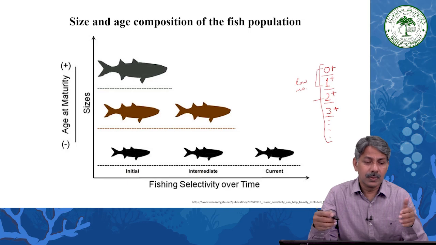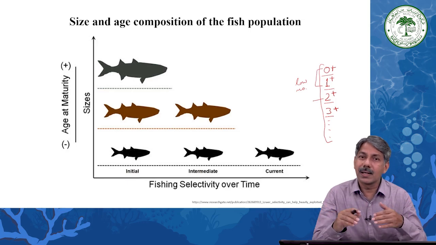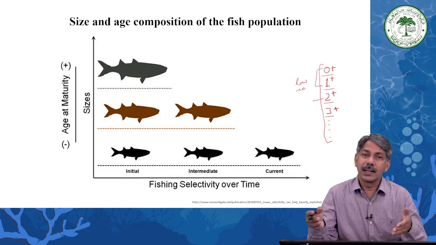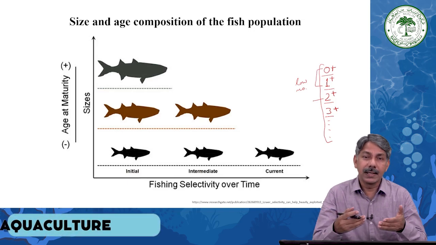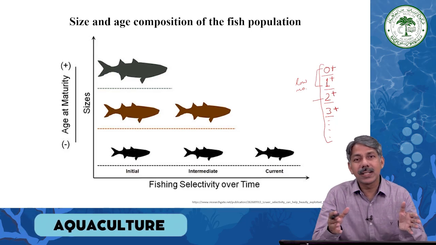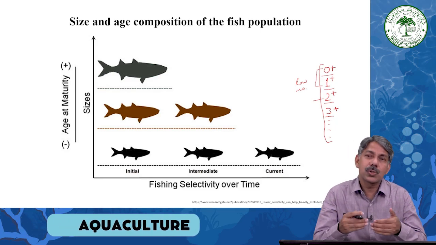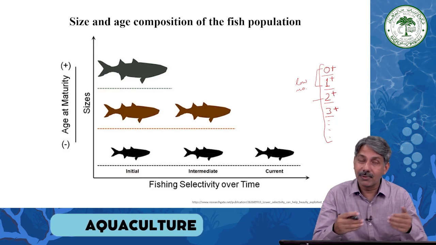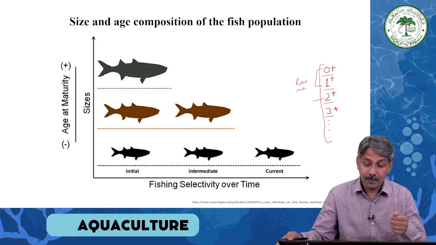On a routine basis, there are vessels in the marine environment, or government agencies, which collect information on length, weight and number, and then those data are used, and we also go for age estimation. There are many other methods of age estimation that we will discuss later in another lecture.